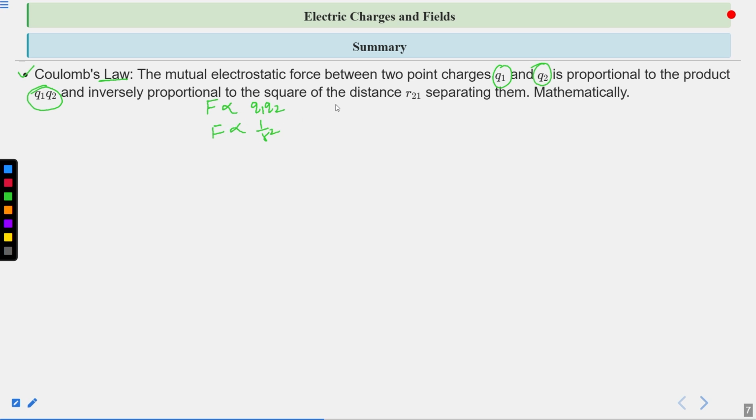So F is inversely proportional to r square and directly proportional to Q1 Q2. When we remove the proportionality sign, there is a constant term, and that is k. So F is equal to k Q1 Q2 divided by r square. This is the force between two point charges according to Coulomb's law.